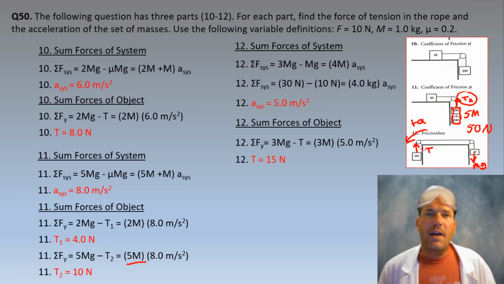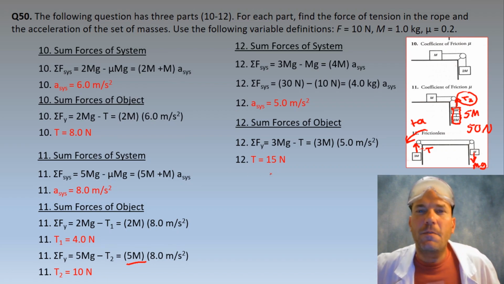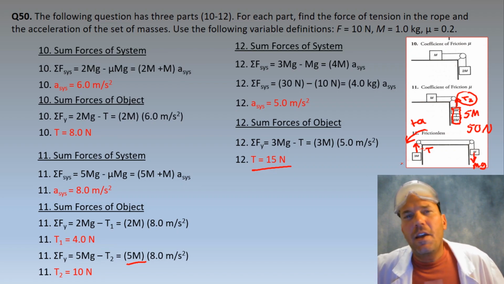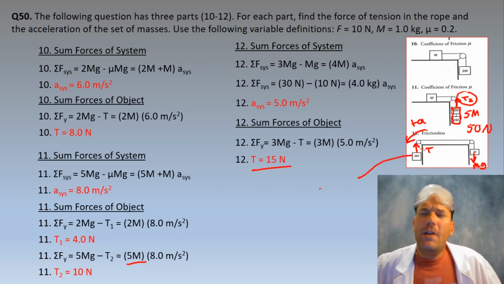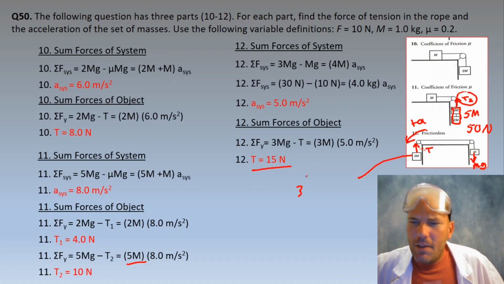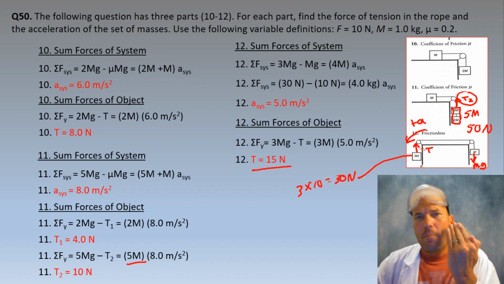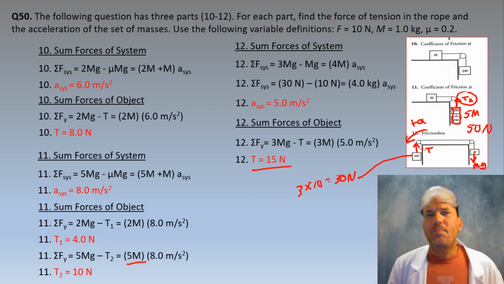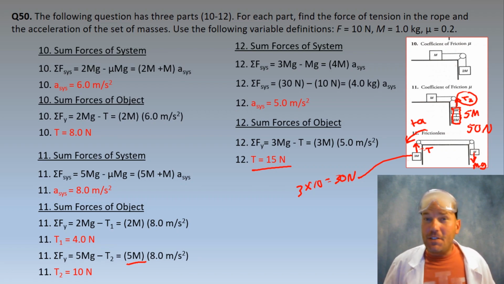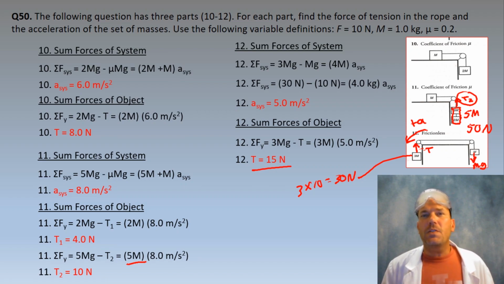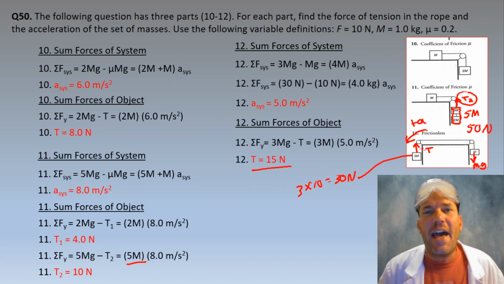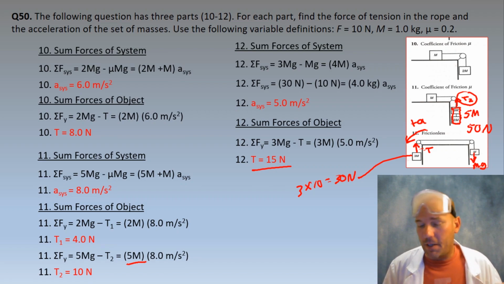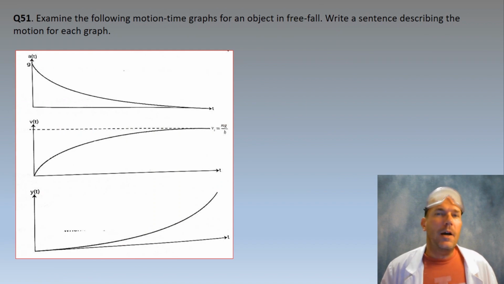So we're able to find the tension force to be 15 newtons, which, if this object were at rest, 3 times 10 equals 30 newtons, just hanging there. But it's accelerating at exactly half the acceleration due to gravity, which is 5. And so it's no surprise that the force of tension is exactly half what it would have been if it wasn't accelerating. So pretty cool problem here.